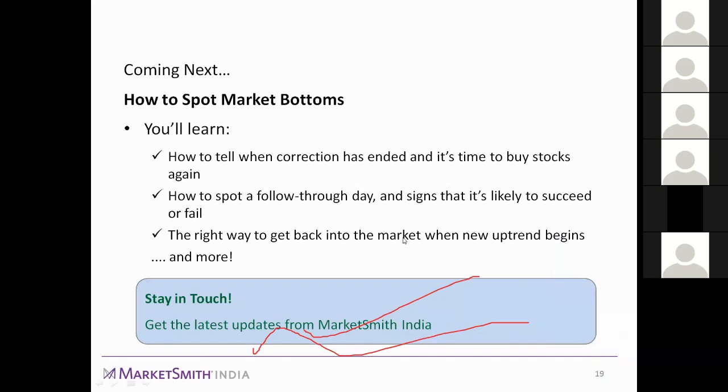Okay, a few people are requesting that I explain the distribution day count again. The definition of a distribution day is when a major index, say for example Nifty in India, falls by 0.2% or more and the volumes are higher than the previous day's trading session. Then it is called a distribution day.